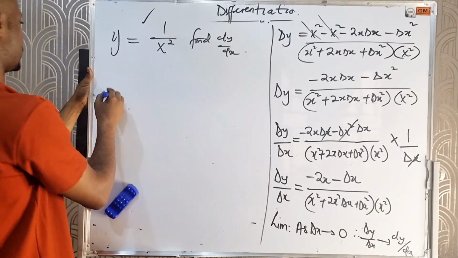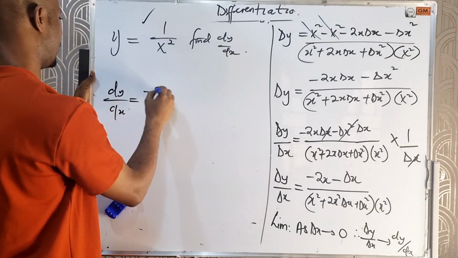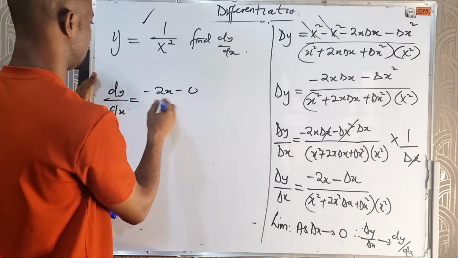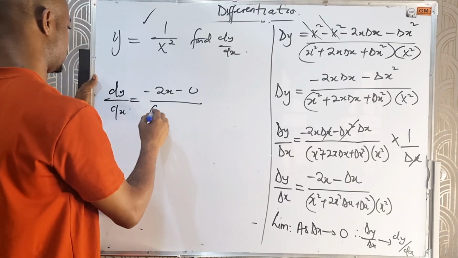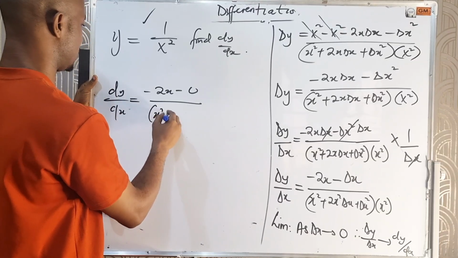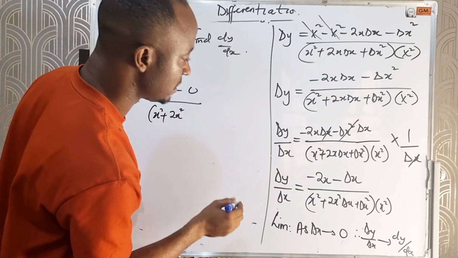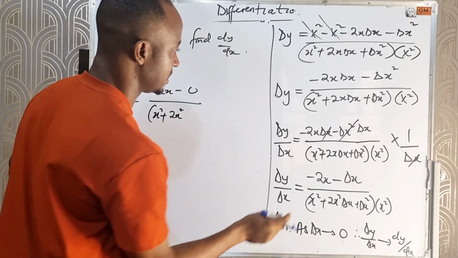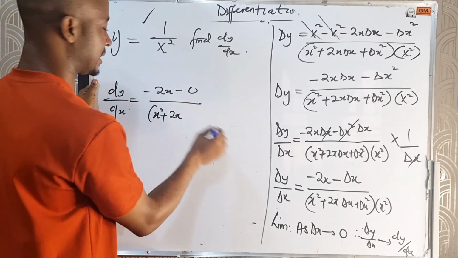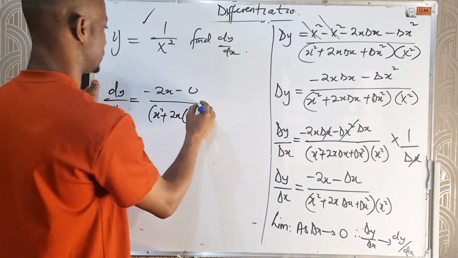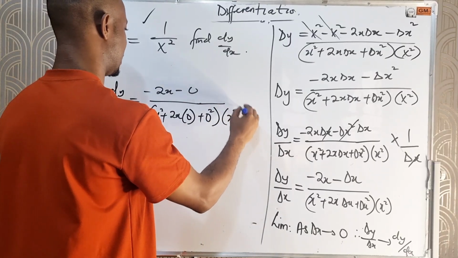So here becomes dy over dx. Minus 2s minus 0 over s squared plus 2s. Sorry, this is 2s, not 2s squared. 2s delta x, meaning 2s times 0, plus 0 squared times s squared.